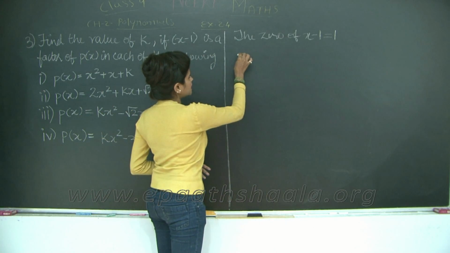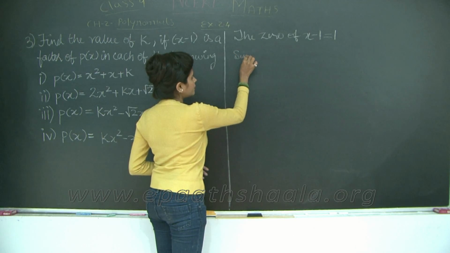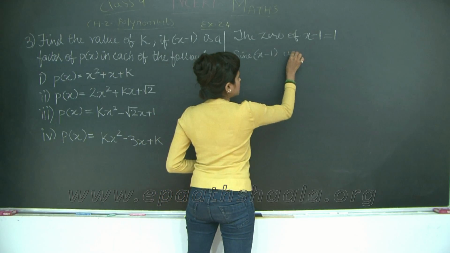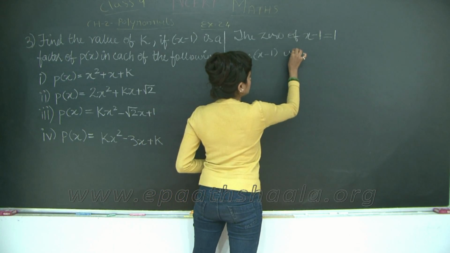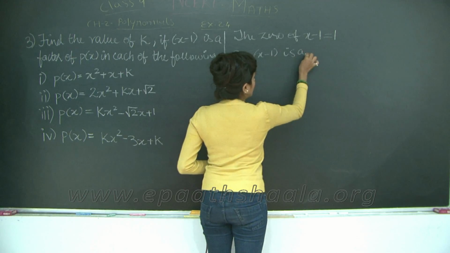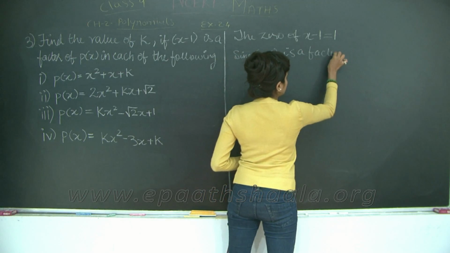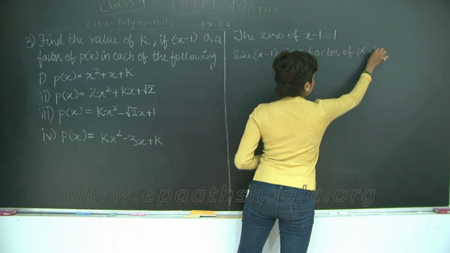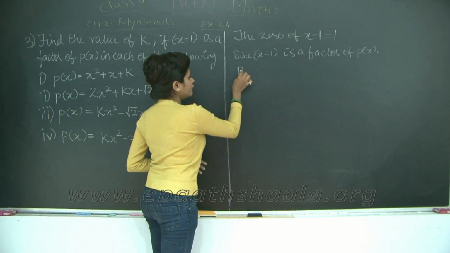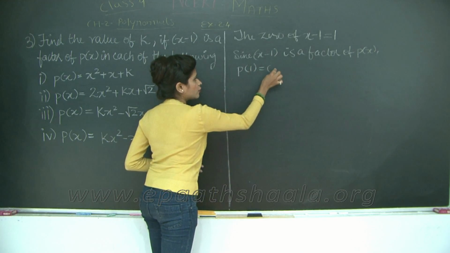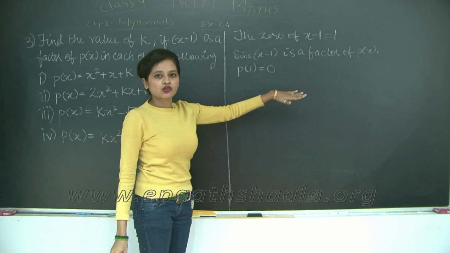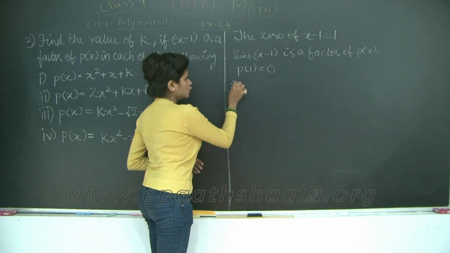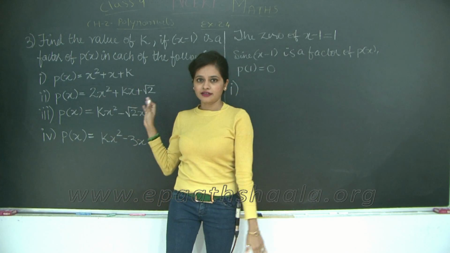So, we can clearly say that since x minus 1 is a factor of p(x), p(1) is 0. I am going to keep this until the last question that we have and then use this to find the value of k, right?